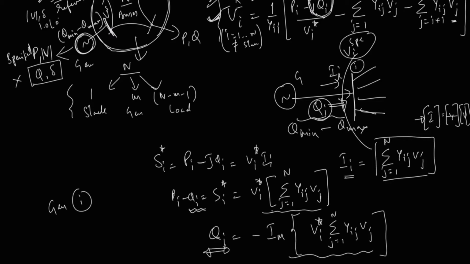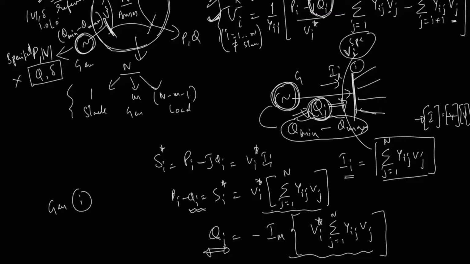Are you following what I am saying? What I am trying to do is estimate the amount of reactive power demand from the generator to maintain the specified voltage at this bus. Once I find that out, I am checking the limits.